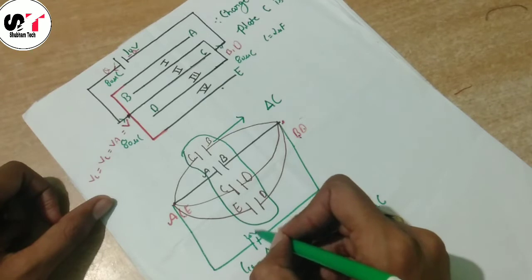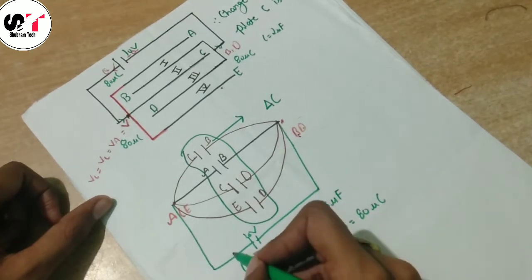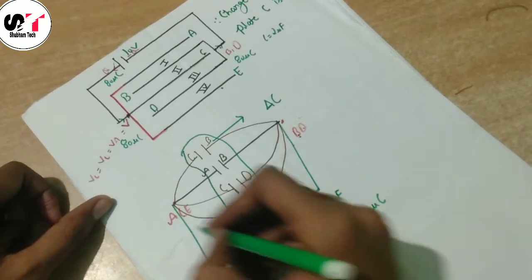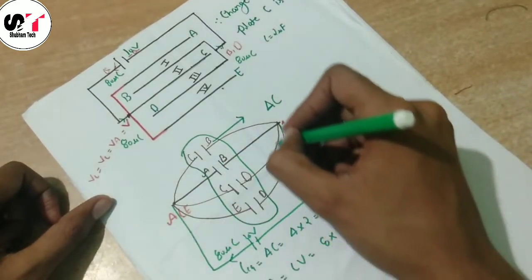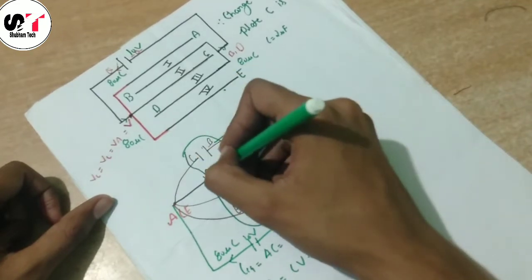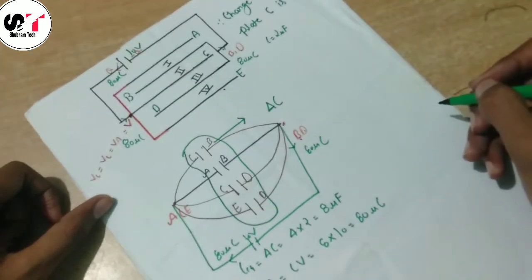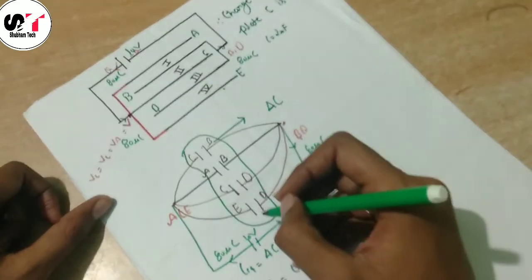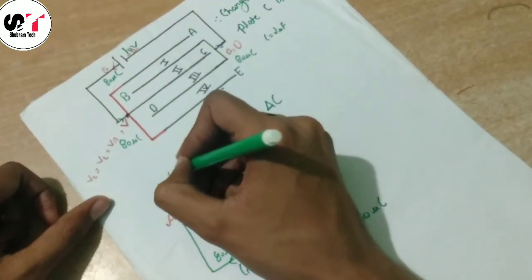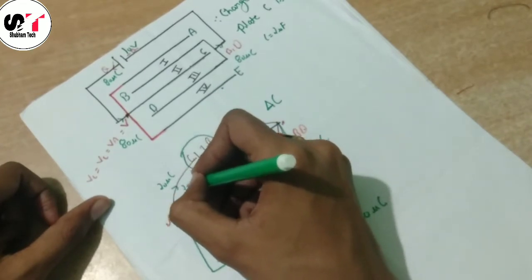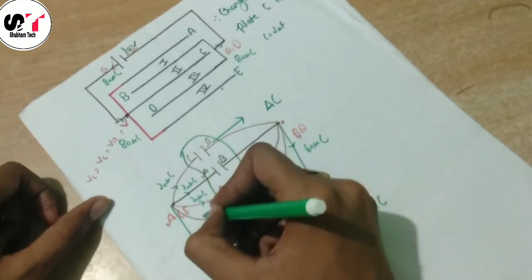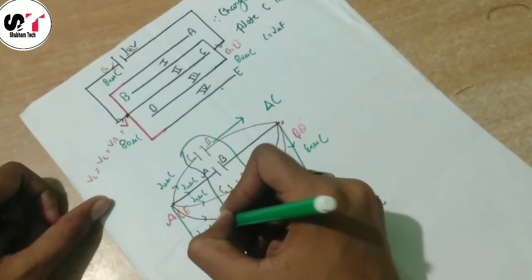Having value 10 volt, 80 microcoulomb charge flowing from the 10 volt battery, and leaving from here. All the capacitors having value C, means 20 microcoulomb, 20 microcoulomb, 20 microcoulomb, 20 microcoulomb.